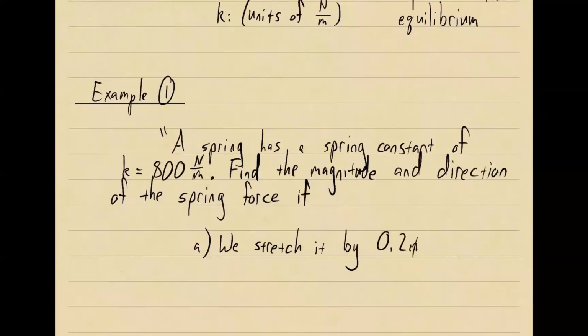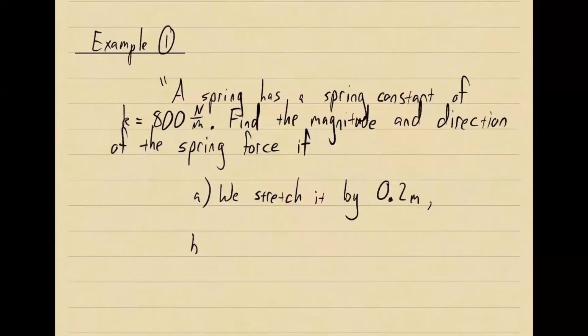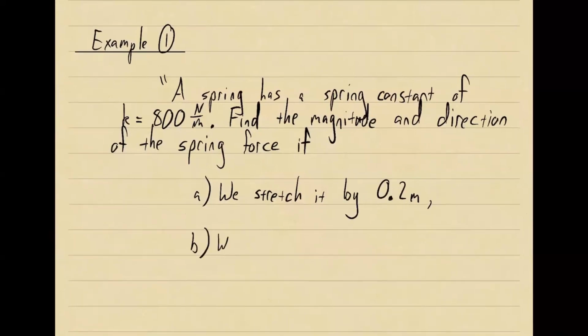All right, so this is going to be our displacement in the x direction. So we're displacing it basically 20 centimeters to the right. Part B is asking, find the magnitude and direction of the spring force if we compress it by 0.3 meters. That's example 1.